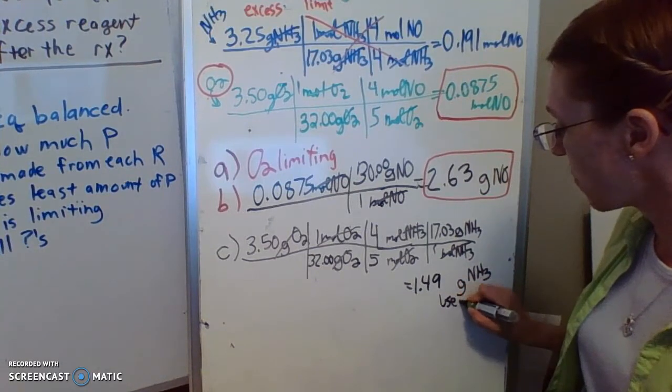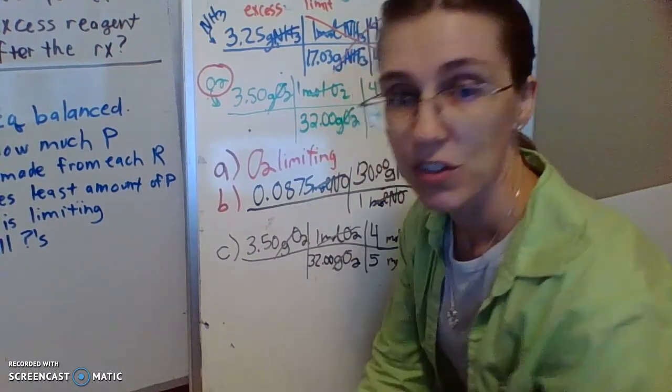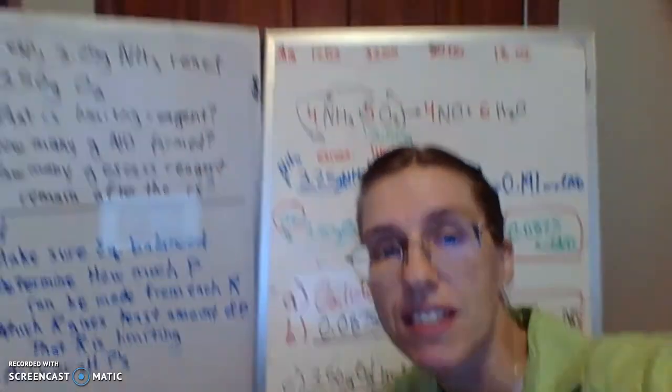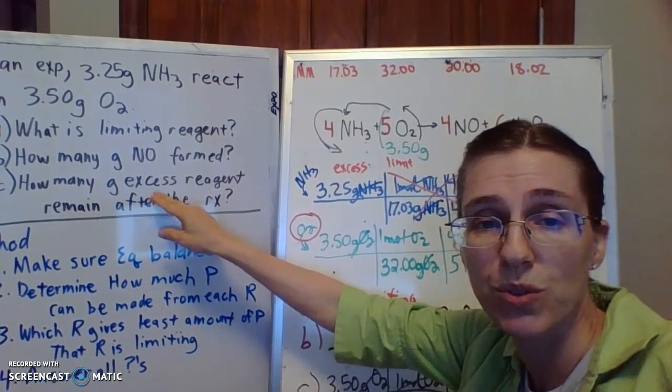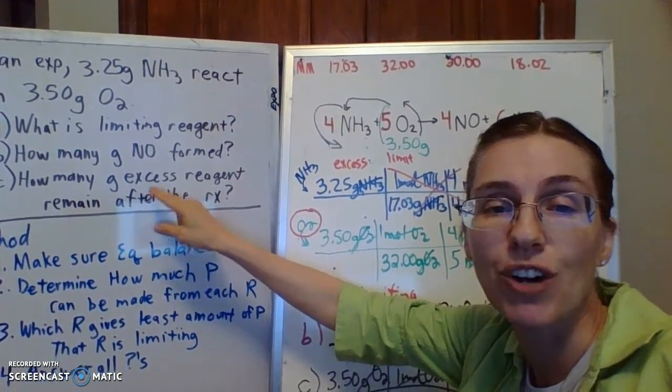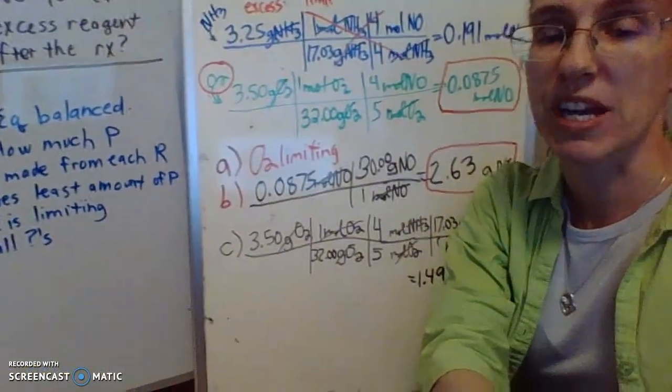That's how much ammonia was used in the reaction. So let's go back to our questions. Is that what it asked for? How much ammonia was used? No, it asked for how much remains after the reaction. So we have to do one more step.